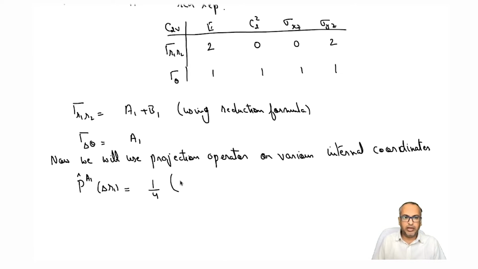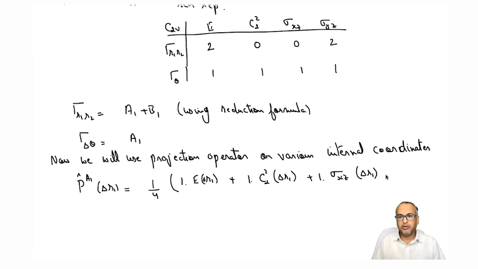For A1, I will have 1 into E applied on delta R1, plus 1 into C2Z onto delta R1, plus 1 into sigma XZ onto delta R1, and so on, where the factor comes from 1 by h, right?